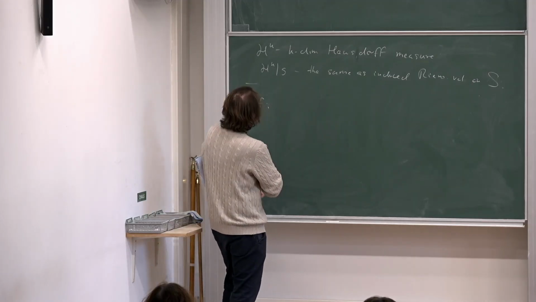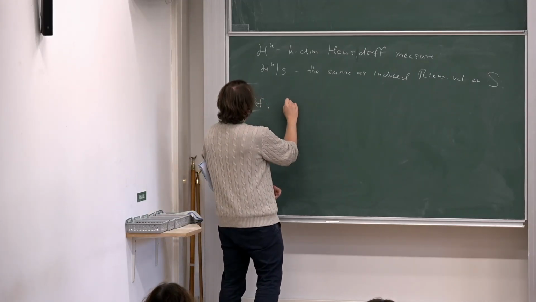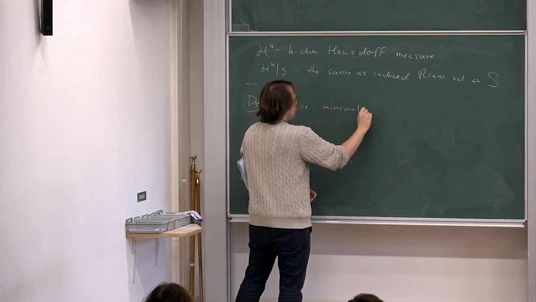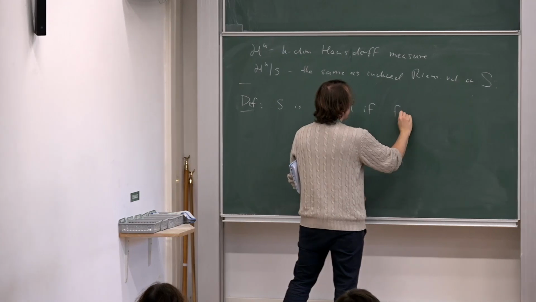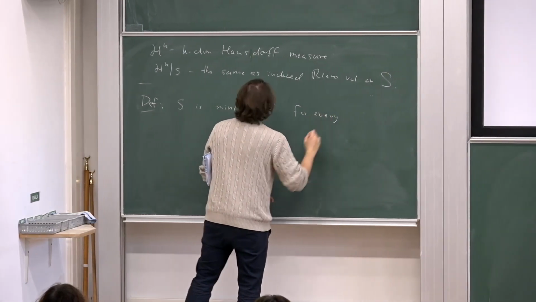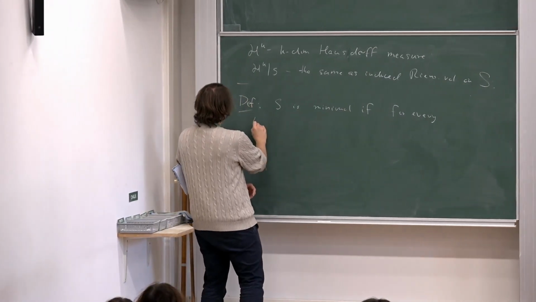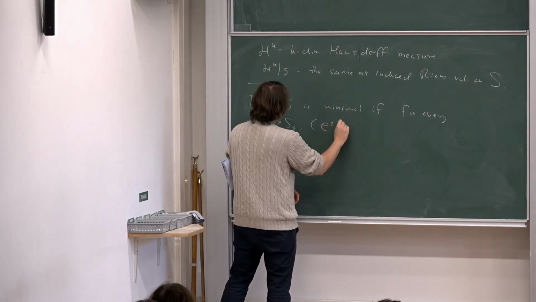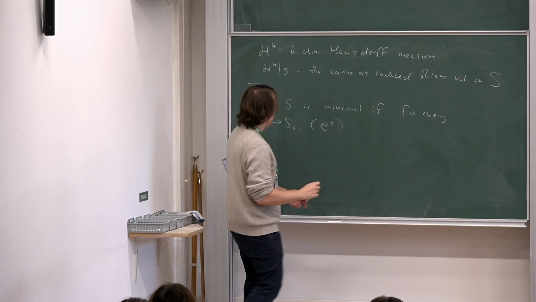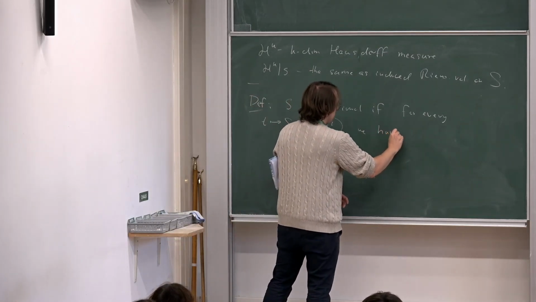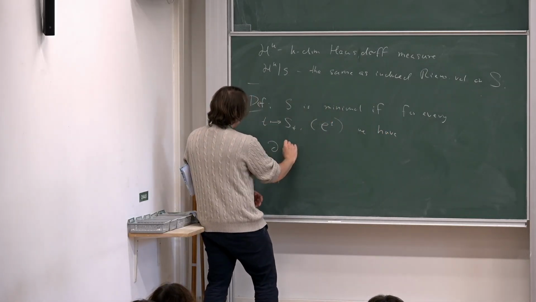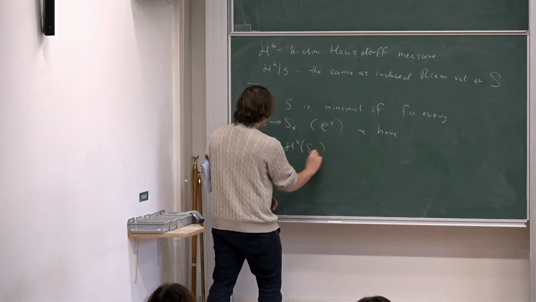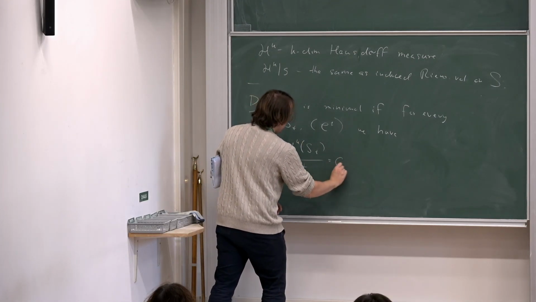So formally, this will mean that S is minimal if for every deformation t goes to S_t, we'll assume everything is C1, we have that the rate of change of the k-dimensional measure of S_t is 0.